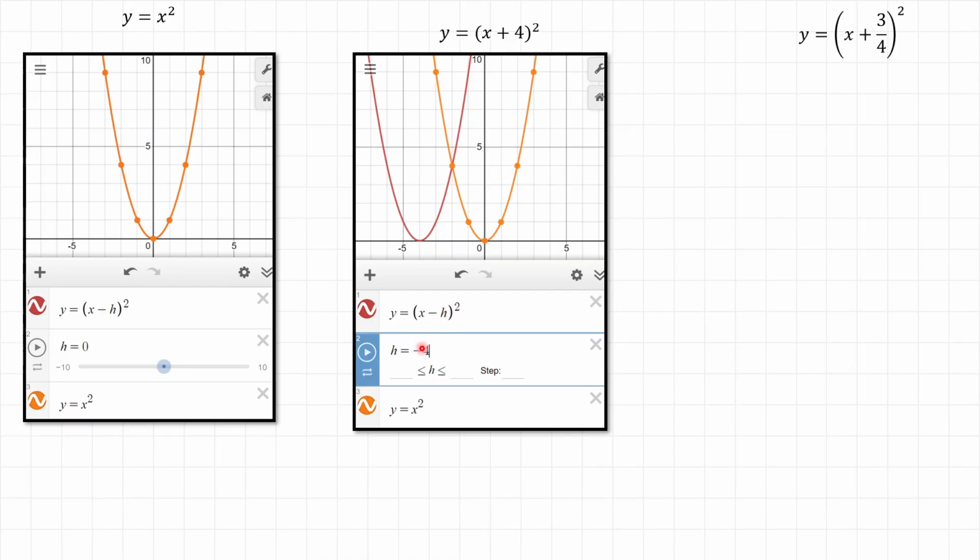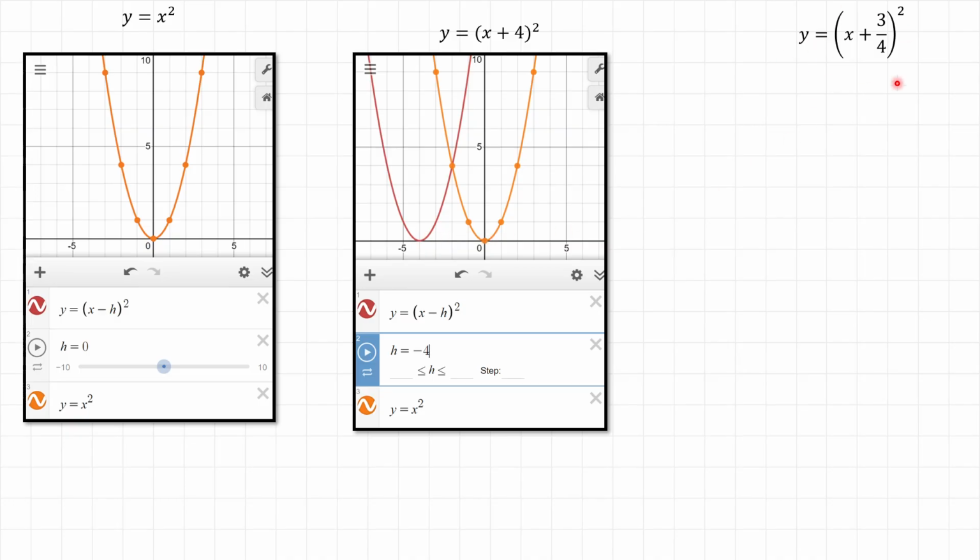When I'm subtracting a negative, that's the same thing as adding a positive. So when h is a negative number, it looks like the parabola has been translated to the left by, let's count here, 1, 2, 3, 4 units. That's the same as the value of h, 4 units, but because it's negative, it's not moved to the right, it's moved to the left.